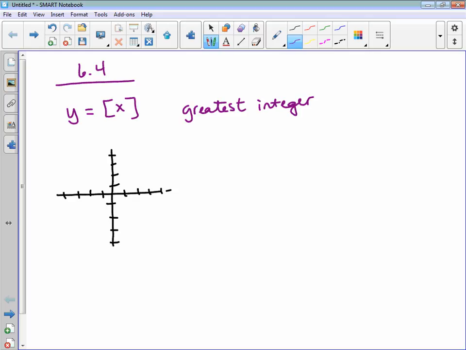It's sometimes called the step function too, because it looks like a bunch of steps. It starts with a filled in dot at 0, 0, and then you connect it over to 1, 0, and that's open. Then you're up at 1, 1, filled in, over to 2, 1, open.